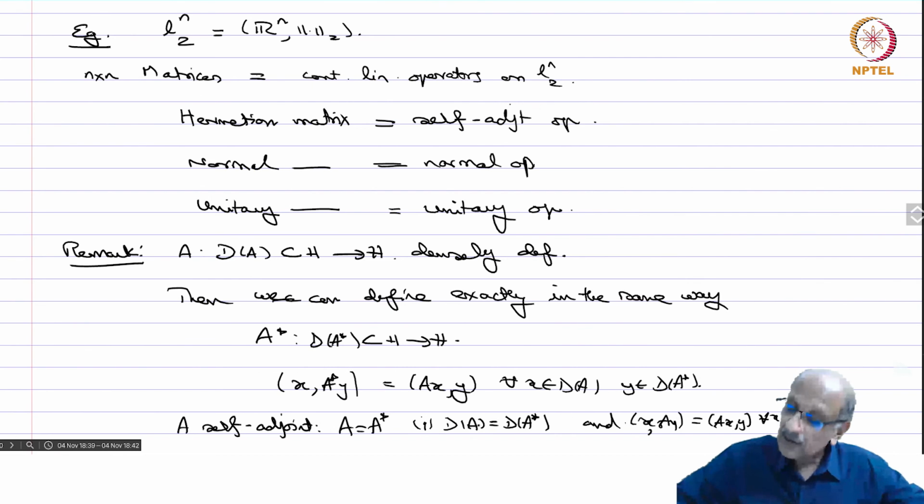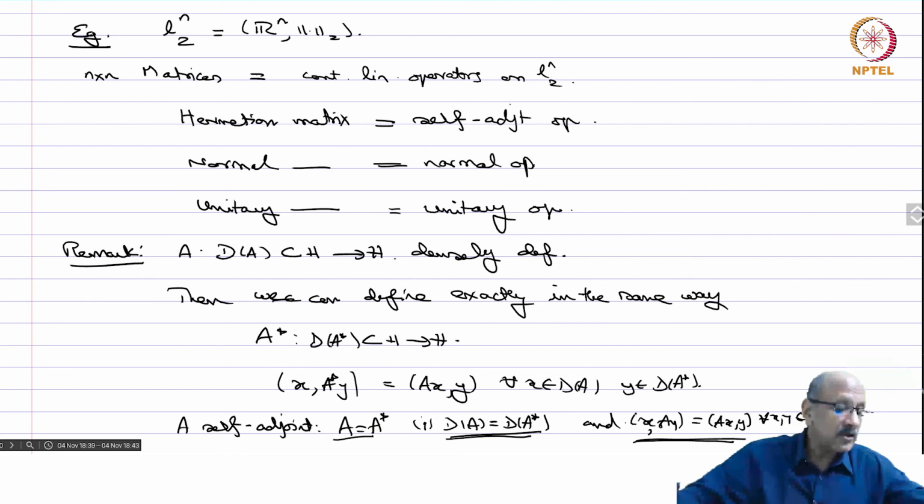So symmetric and the domains coincide, then you say that it is a self-adjoint operator. So when you check self-adjointness for unbounded operators, you have to be a little careful. Just checking the symmetry relationship is not enough. We also have to check that the domain of A is the same as the domain of A star.